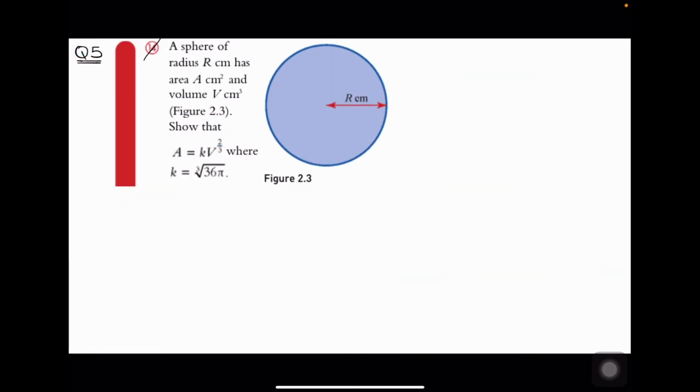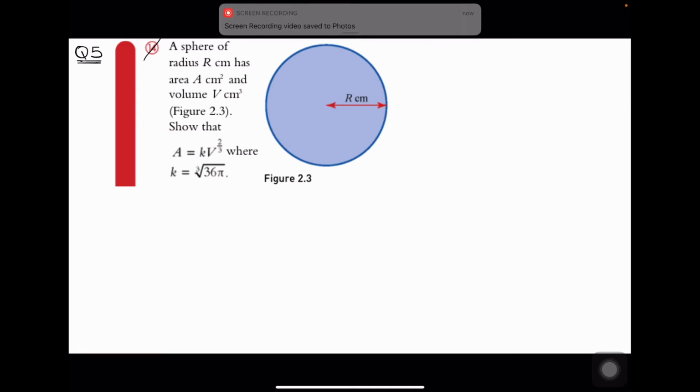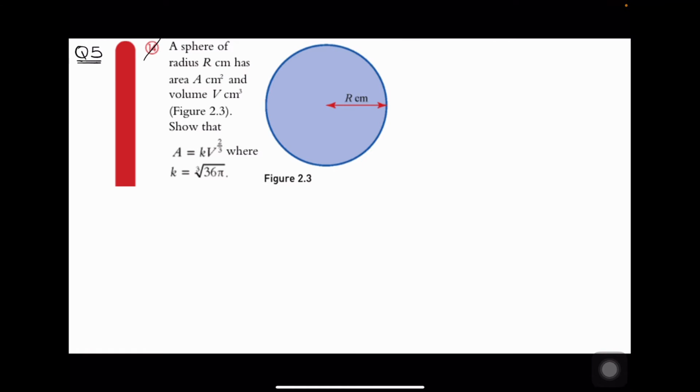Moving on to question 5. Firstly, thank you to Ali Raza who sent this question in and I guess gave me the idea to include it in this lesson. So we have a spheres question involving the surface area of a sphere and the volume of a sphere.